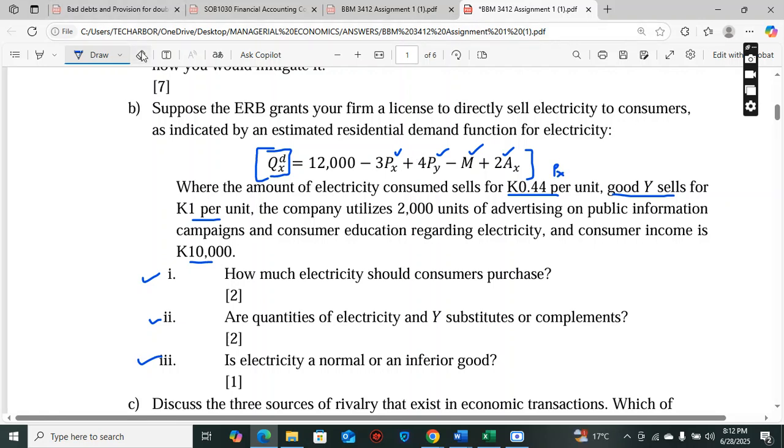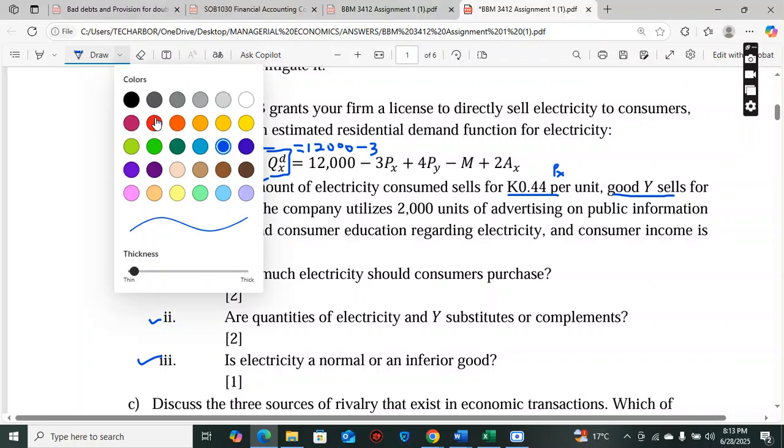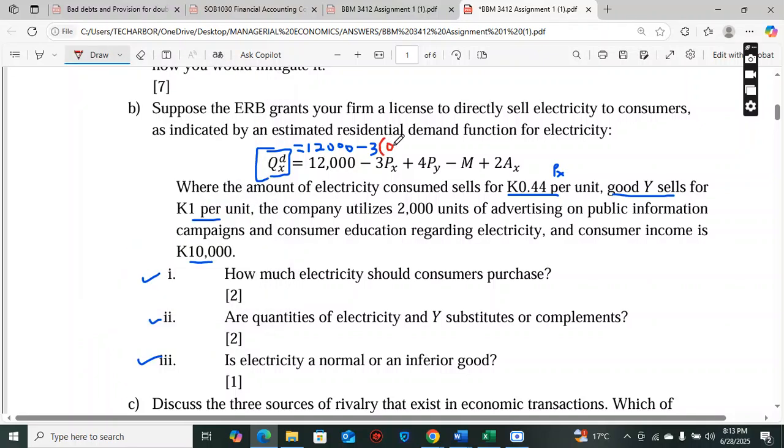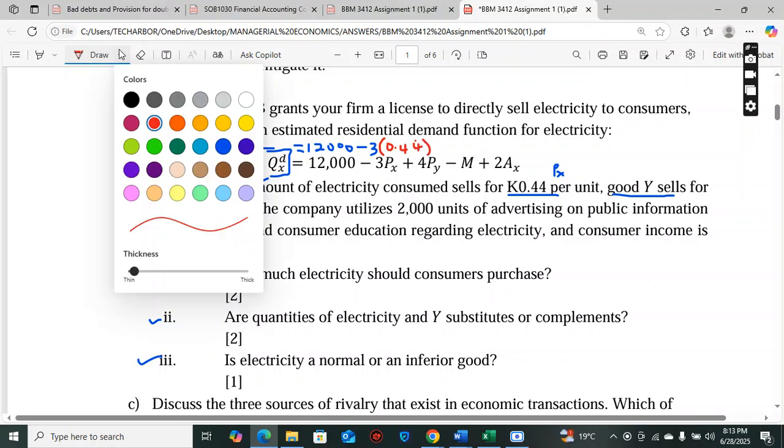On our demand function, QD equals 12,000 minus 3 times PX, the price of electricity, which is 0.44, plus 4PY.